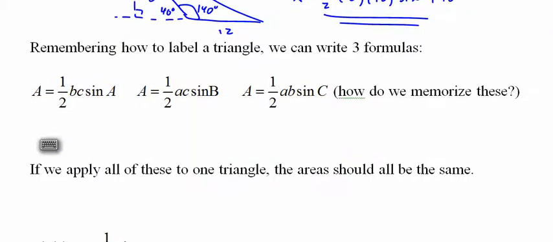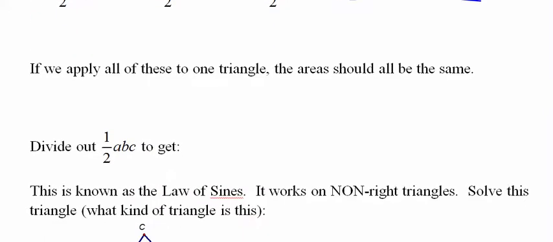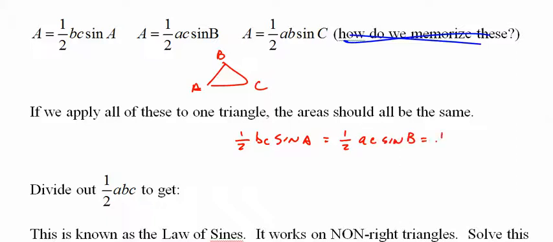So here's the three formulas. We don't want to memorize them, so just ignore that. Put them together and divide. It's all the same triangle, we'll say. There's some triangle with A, B, C, and we can look at it this way or this way or this way. Doesn't matter. So they're all equal. 1/2 BC sine of A, 1/2 AC sine of B, 1/2 AB sine of C. Divide each one by 1/2 ABC.